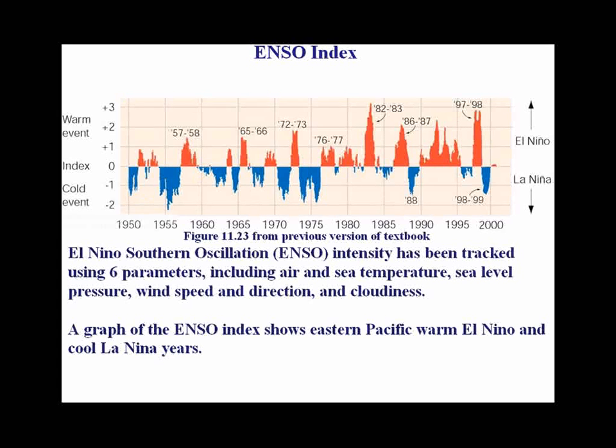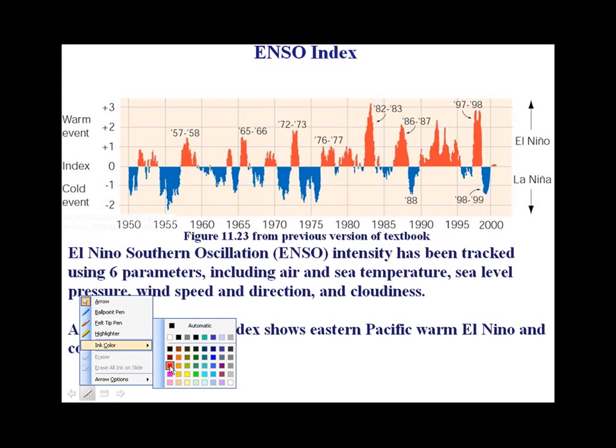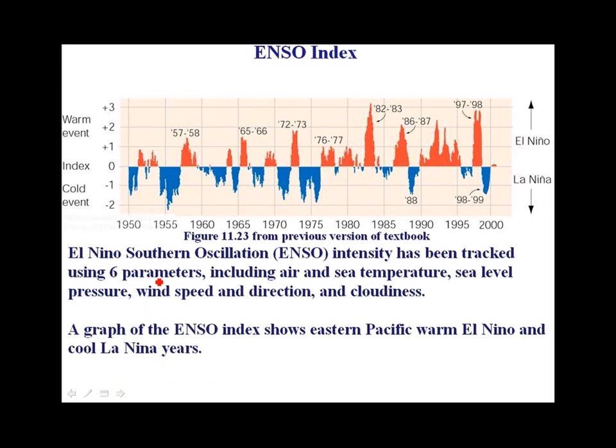Now, at first glance, this is a very complicated graph here. There's something called the El Nino Southern Oscillation Index. And really, what it is, the El Nino portion of it, scientists look at sea surface temperatures, and the Southern Oscillation looks at air pressure.